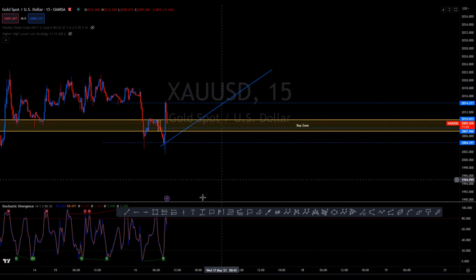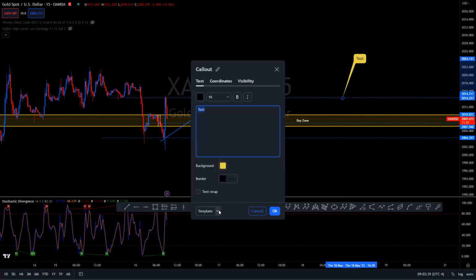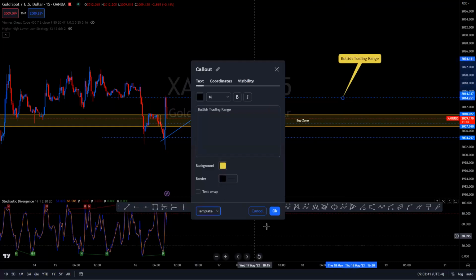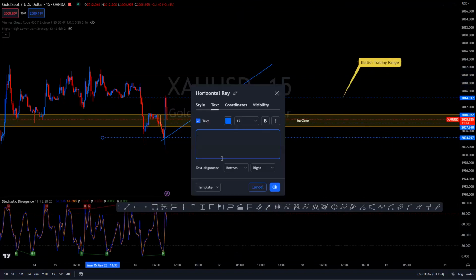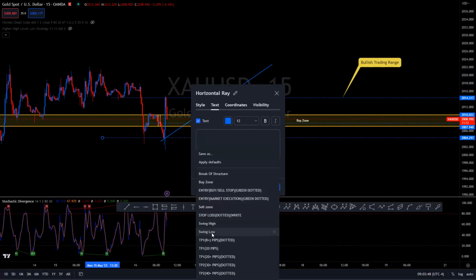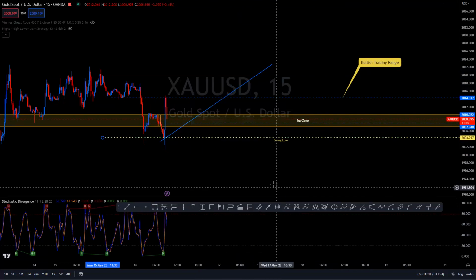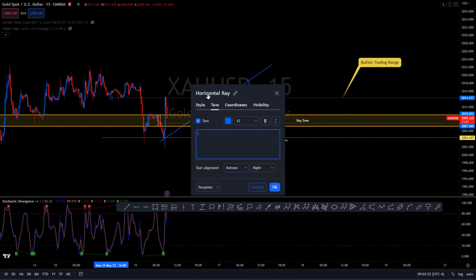So let's label our trading ranges. I would say that this is a bullish trading range. This is our swing low. This is our swing high.